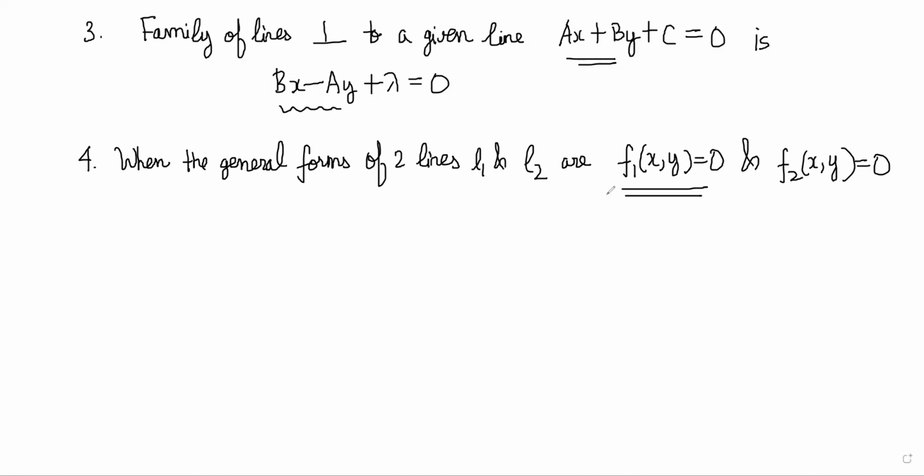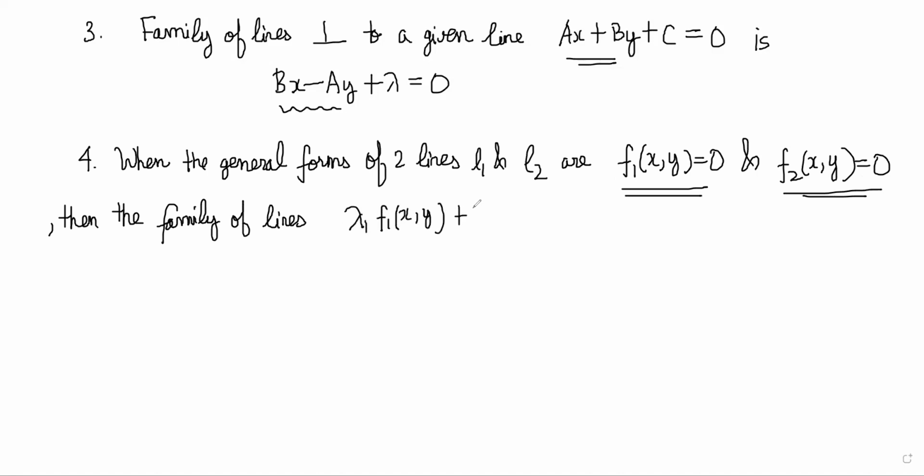F1 and F2 definitely represent straight lines, and these are the lines L1 and L2. Then the family of lines is lambda 1 f1(x, y) plus lambda 2 f2(x, y) equal to 0, where lambda 1 and lambda 2 are parameters.